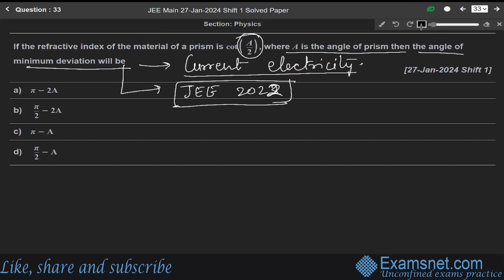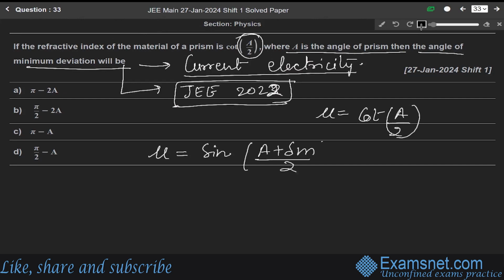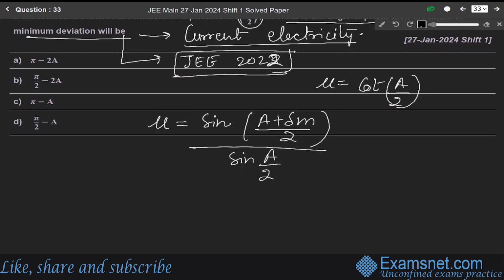Since mu is given as cot A by 2, and we know the relation that mu equals sine of A plus delta m by 2, over sine A by 2. We have to find this delta m, the minimum deviation angle.